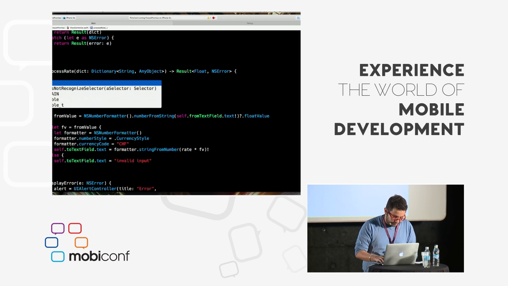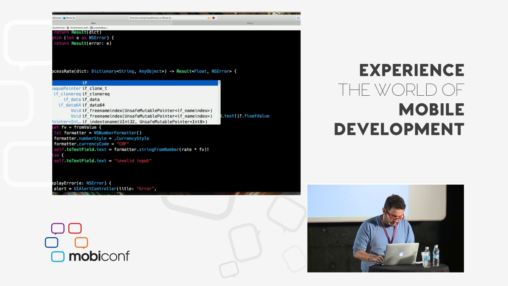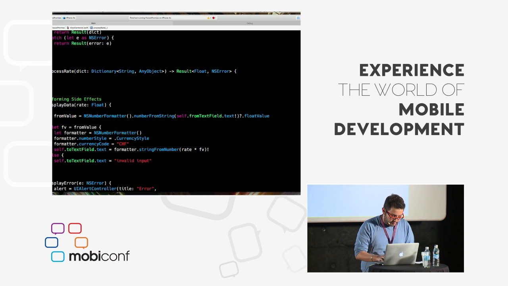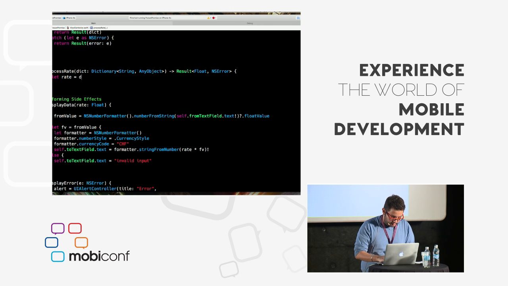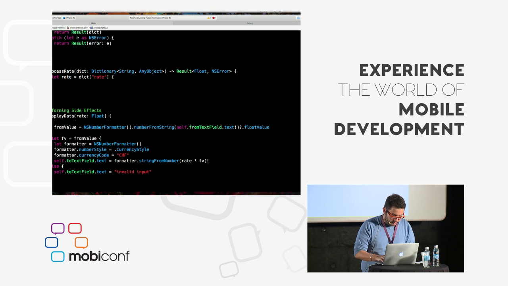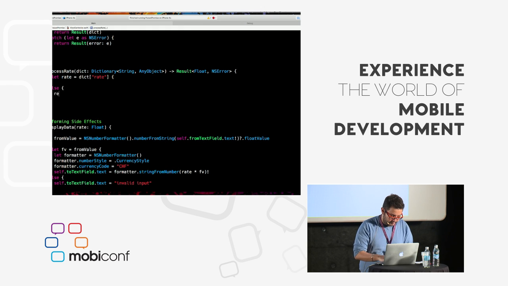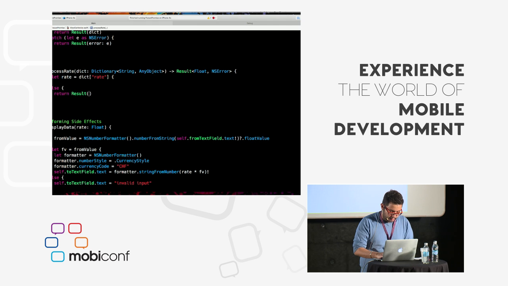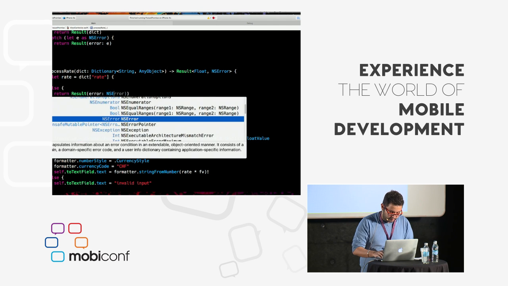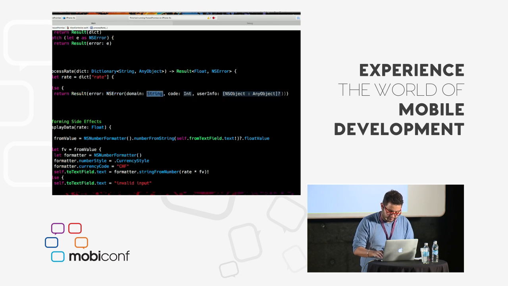And again, here instead I check if the dictionary has a float, and that it's a rate. And if not, what I have to return is an error, of course. So error, I have to create this one because the system is not going to pass it. So missing rate.